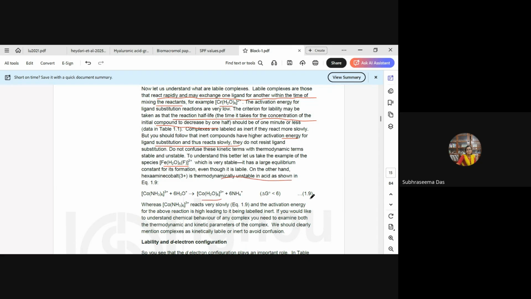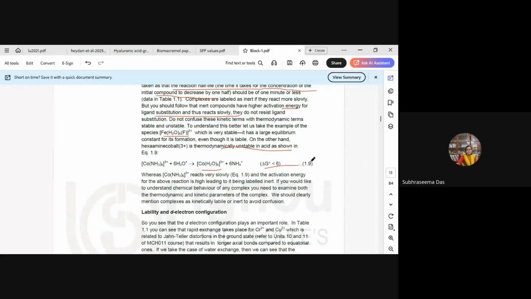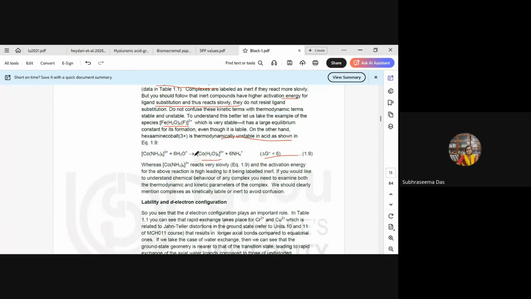Here delta G0 has been shown to be less than 6. The hexaamminecobalt reacts very slowly and the activation energy for the reaction is very high, leading to its inertness.